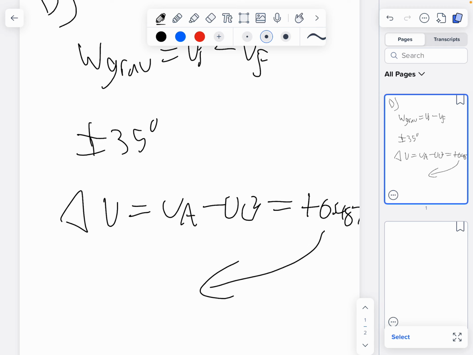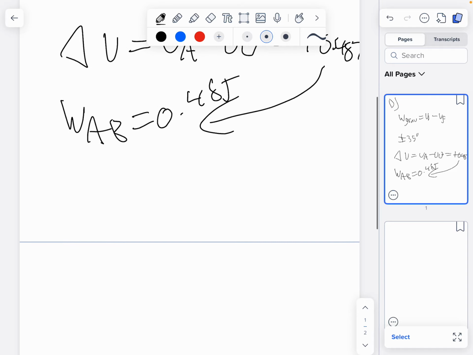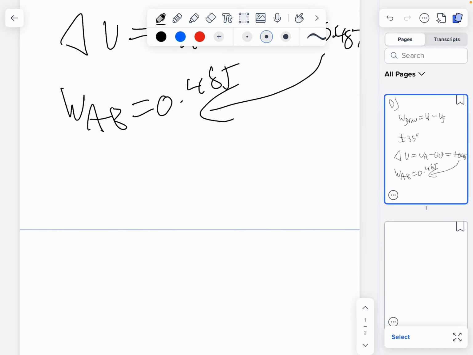Therefore, W AB equals, and we know that the bob goes from a higher point to the bottom, so it'll be positive. And going from the bottom to a higher point will be negative 0.487 joules.